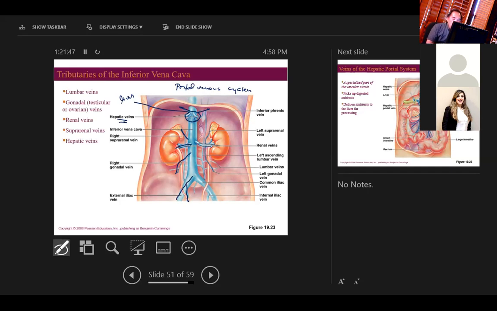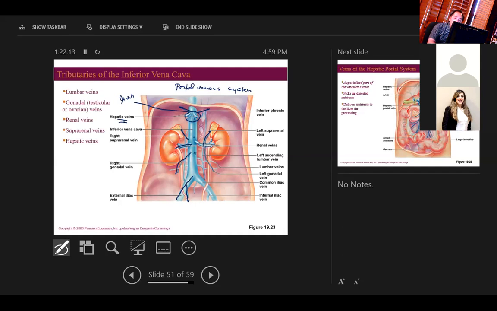There's one thing unique about this. Usually, the suprarenal artery comes from the aorta, but here, instead of actually coming from the inferior vena cava, it actually taps onto the left renal vein. Usually you have this vessel here called the gonadal arteries.